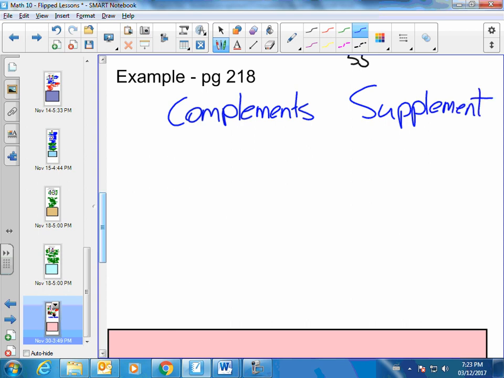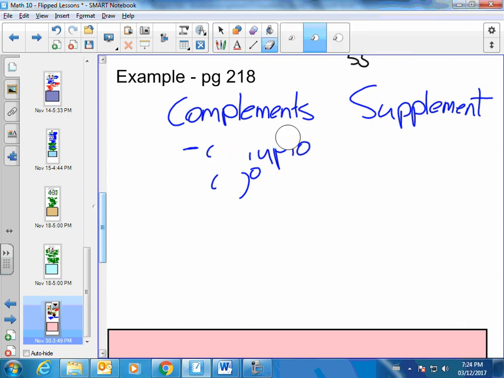So a complement is where you're given an angle and you need to find out what number you need to add up to make 90 degrees. Or you subtract the angle measure. I'm just going to use the definition they had in the textbook.